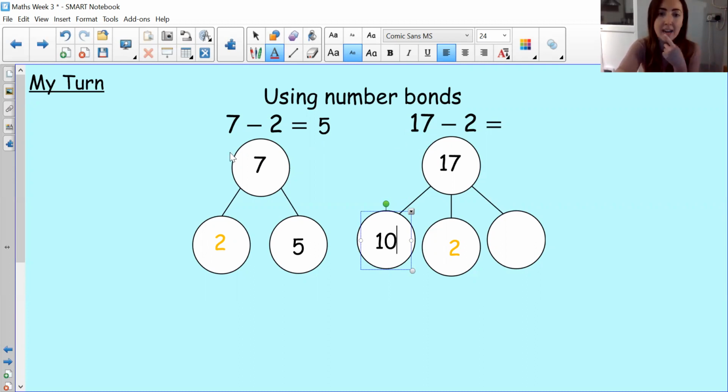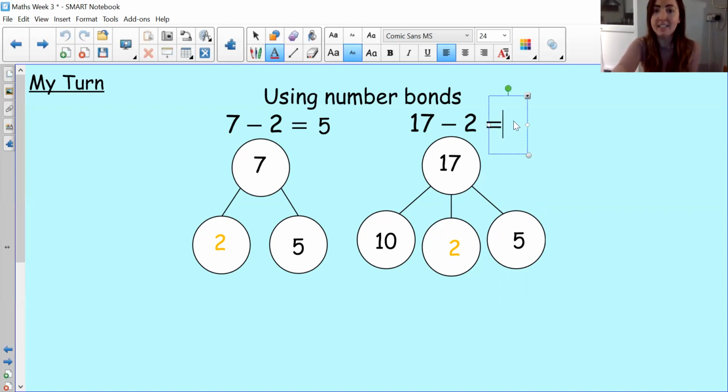Now we've just worked out that 7 take away 2 equals 5. So if we're now working out 7 1s split into 2 parts, we know one of the parts is 2 because that's how many we're taking away, and the other part is 5. So I know that 1 10 and 5 1s equals 15.